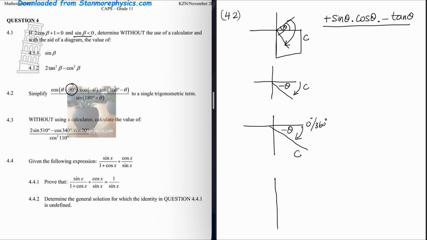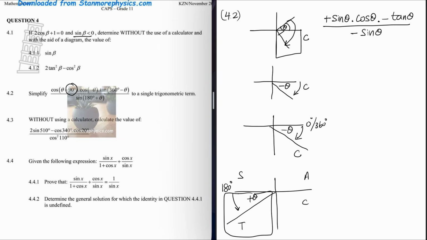So again, if I draw in my Cartesian plane, if that's 180, and I'm adding in some theta value, CAST, only tan is positive here, so I'm going to be dividing by minus sine theta.